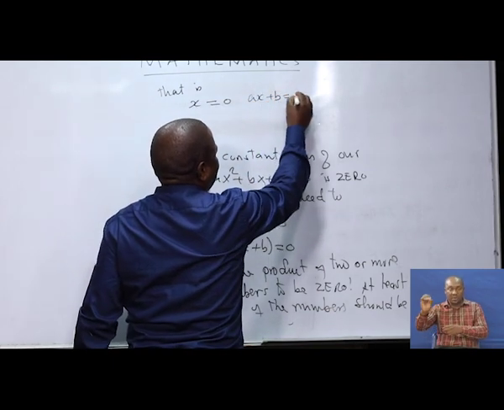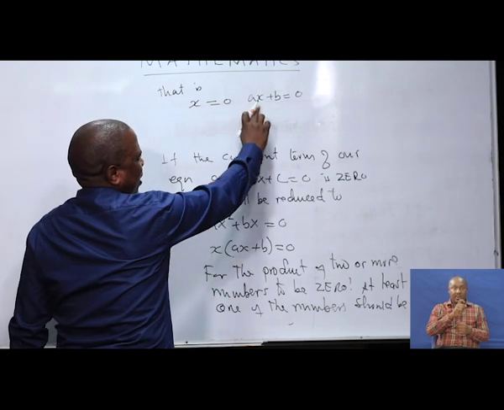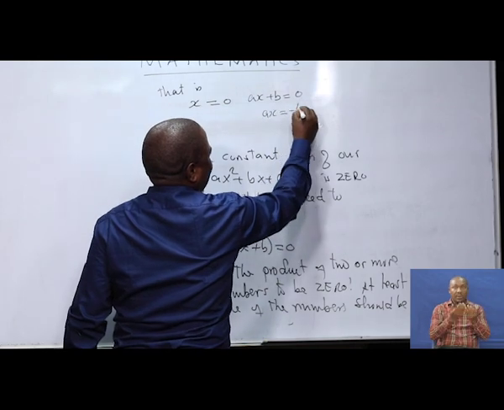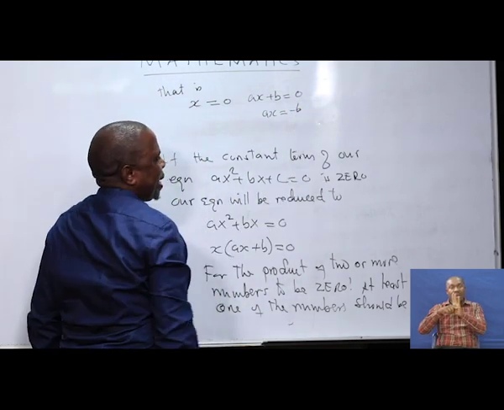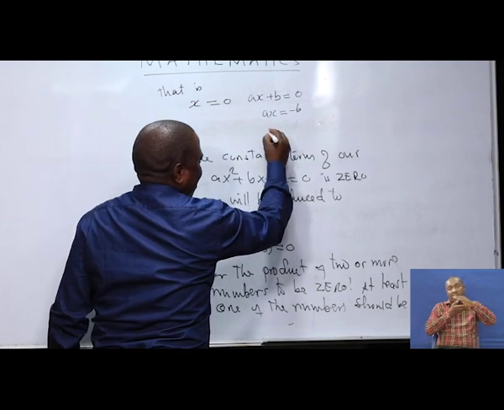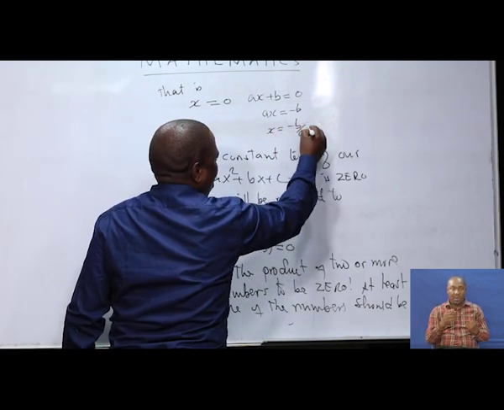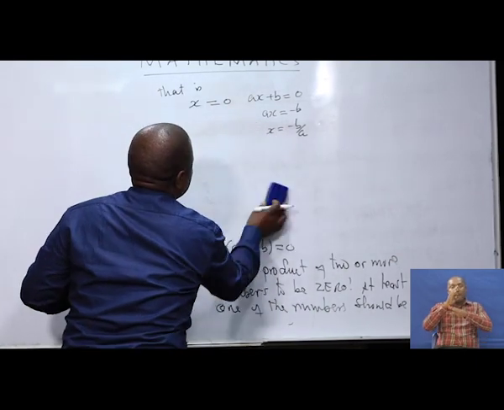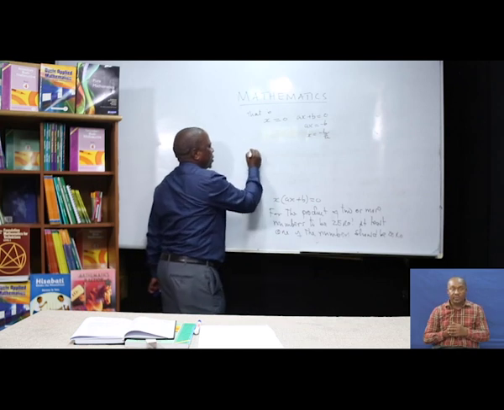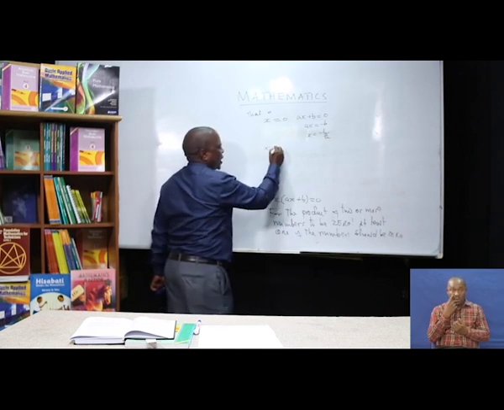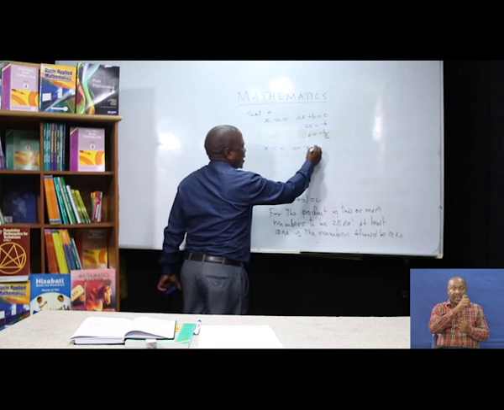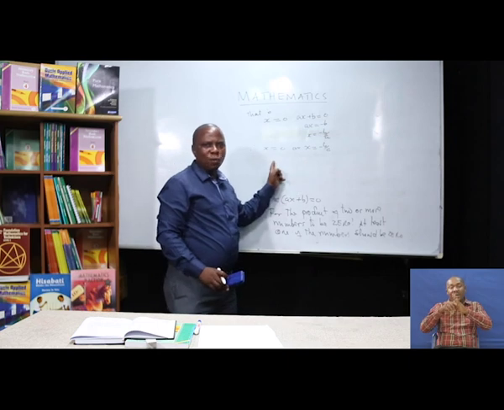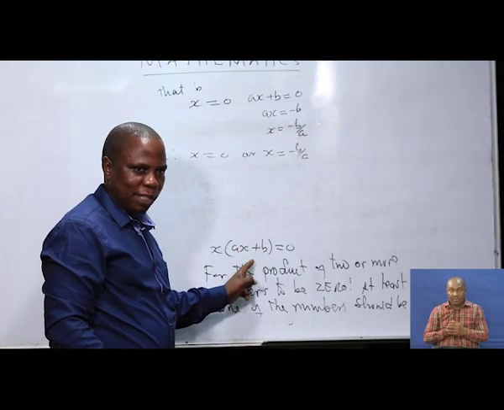Upon taking this b to the other side, you will have ax is equal to negative b, divided by a throughout. x will be equal to negative b over a. Therefore, by solving this, you will have x is equal to 0 or x is equal to negative b over a. These are the two values of x which can satisfy this general equation.